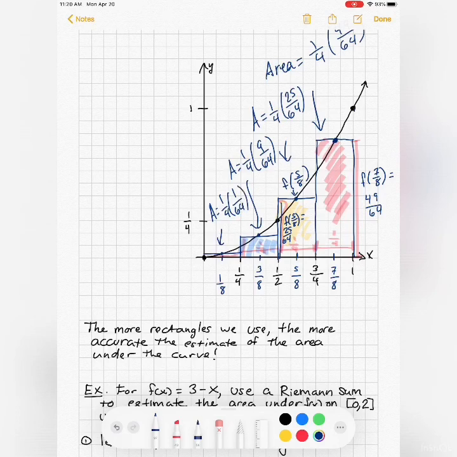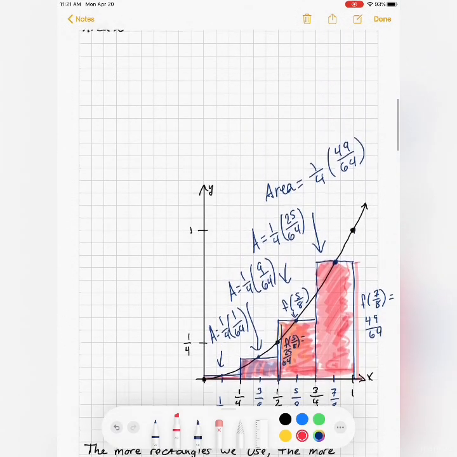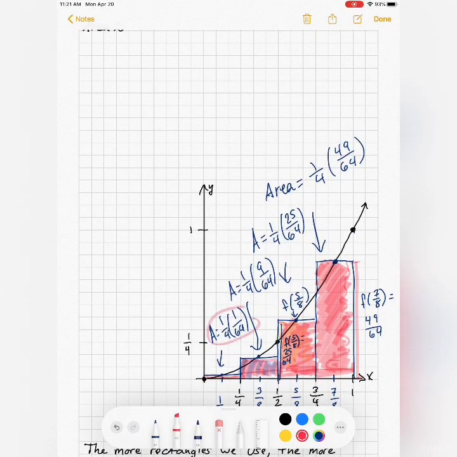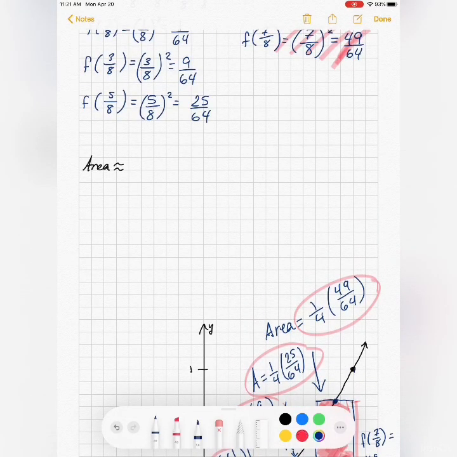Okay, so then what we're doing here is we want to sum up the areas. This area plus this area plus this area plus this little area. That way we have an estimate for the area under that parabola. So that means I've got to add up these 4 terms, the areas of each individual rectangle.